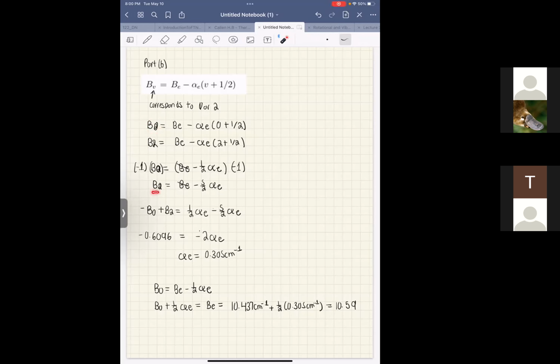So basically what I did is I subtracted by multiplying by -1, crossing these out, and then we're left off with these two. And after solving, we get this value here. Now, after solving for that, we can plug this into the original equation, and we get B of e is equal to this. And that should be centimeters to the -1.